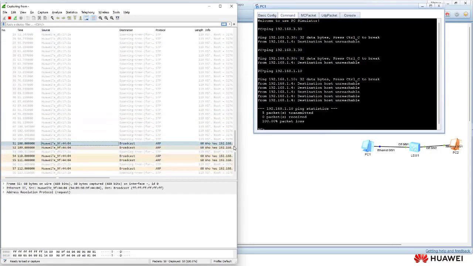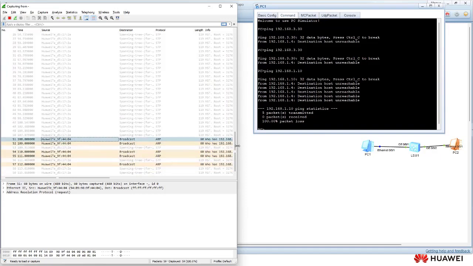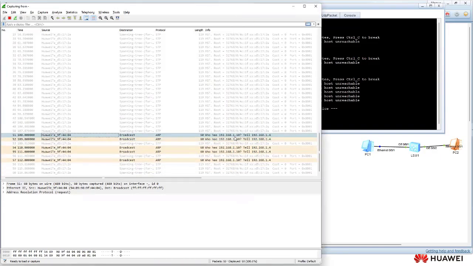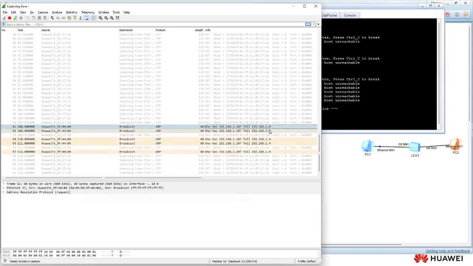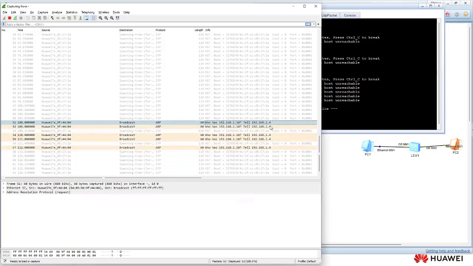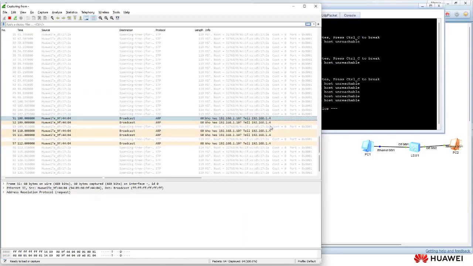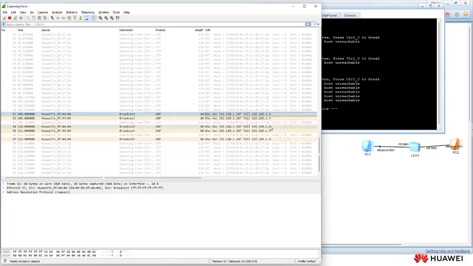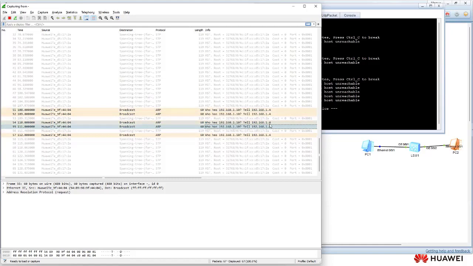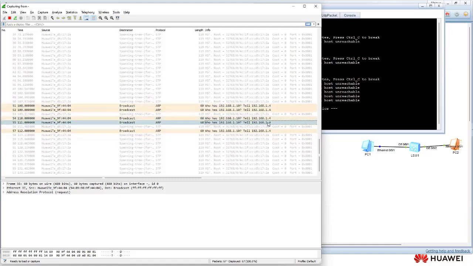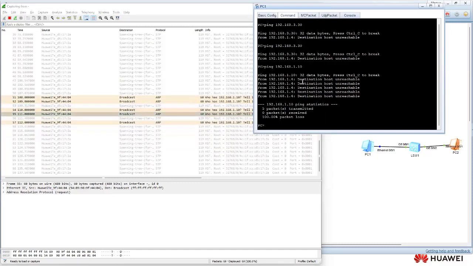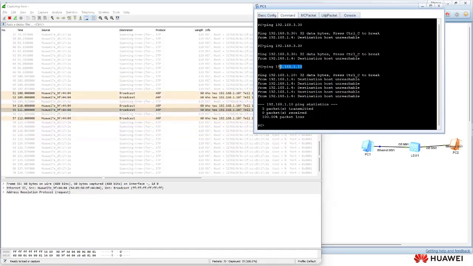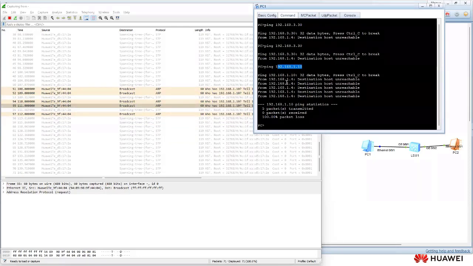PC1 sends a question. It's called an ARP request. Saying, hey, anyone called 192.168.1.10, please tell me. Before it sends the ping out, it sends an ARP request. If you're known by this name, please let me know. But no one is replying, so it doesn't send the ping. But you see that it has at least tried to find out who this is because it can see it's in the same community with it. Does this make any sense?